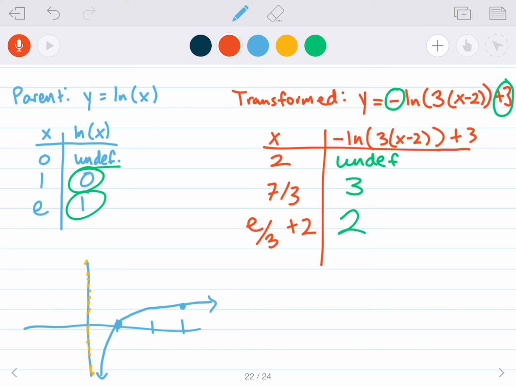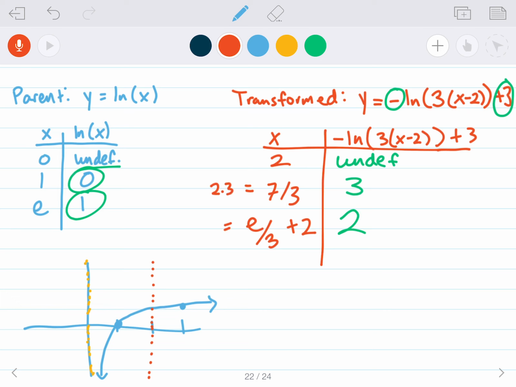Well, this time my asymptote has shifted over to x equals 2. So now my new asymptote is going to be right here. And 7 over 3, well, what is that going to be? Well, that's going to be about 2.3. Maybe I should write this here.